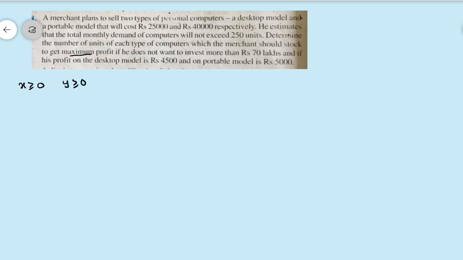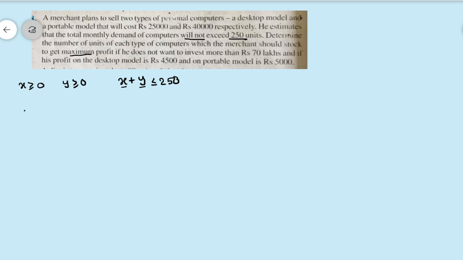No doubt, the number of models both must be greater than or equal to 0, which we call non-negative constraints. Next, the information is X plus Y, whether desktop model or portable model, he can't keep more than 250 units. The reason is the monthly demand of the computers will not exceed 250 units. That's why he can keep 250 units or fewer only.